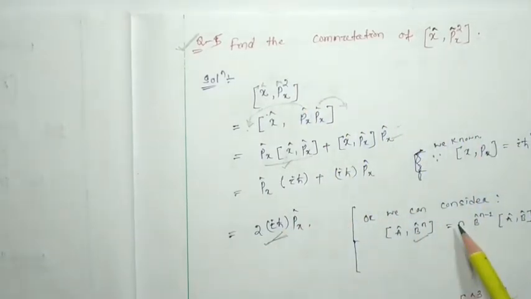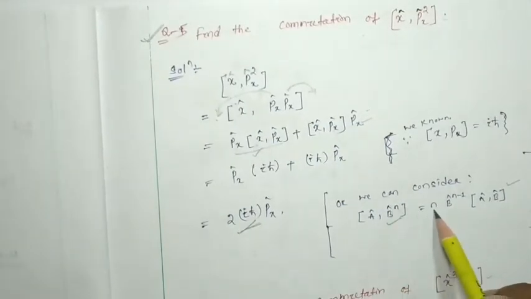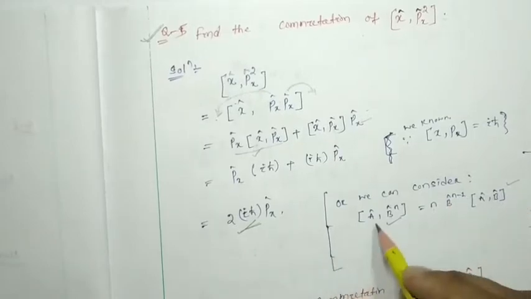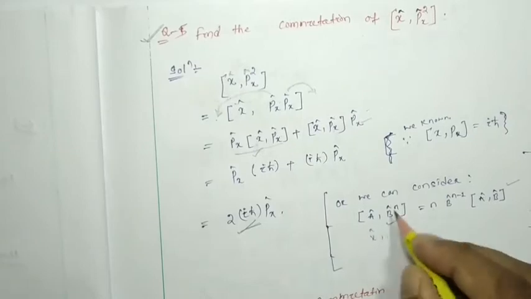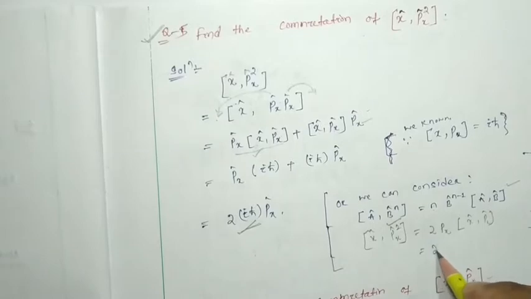Okay, here also we can consider this formula, that is, commutator of a cap and b cap to the power n equals n into b cap to the power n minus 1 times the commutator of a cap and b cap. That means here a is x cap and b is px cap, with n equal to 2. So b will be px to the power n minus 1, 2 minus 1 is 1, and the commutator of x cap and px cap will be I h cross, so the result is 2 I h cross px.